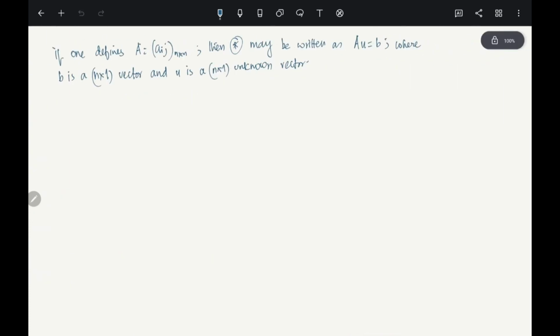This we already know. And if b equals 0, we call such a system a homogeneous system of equations.